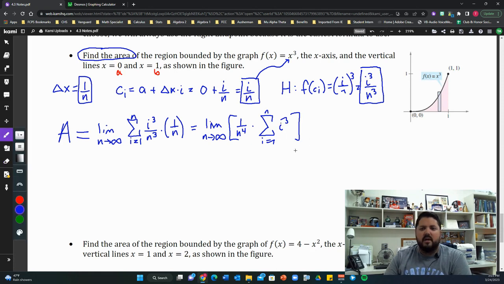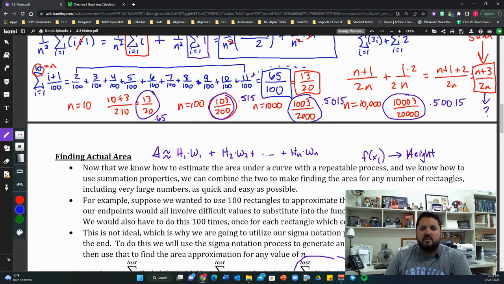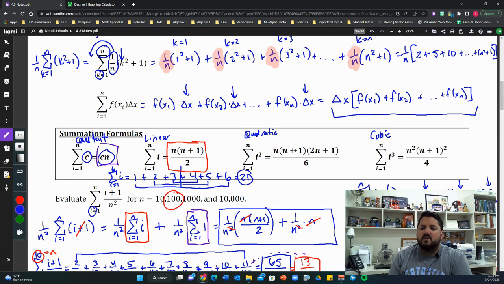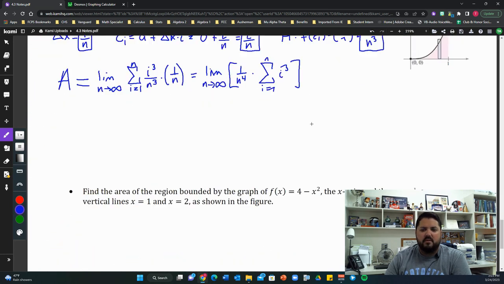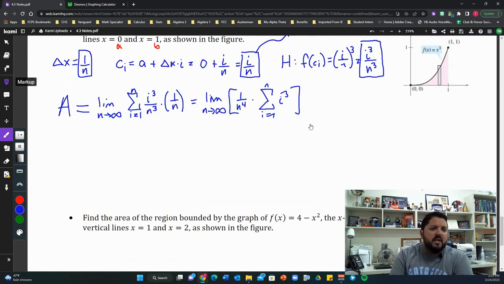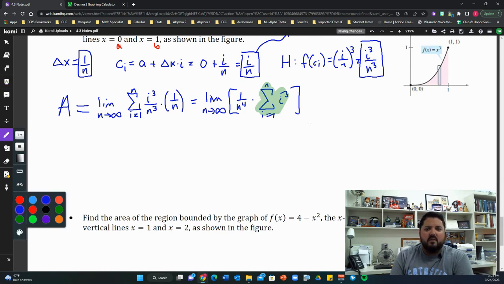So let's go back and show those formulas to you guys again. So this will be the very last one here. So it's n squared times n plus 1 quantity squared all over 4. So that's what that sigma is going to get replaced with. Okay, and again, it's not the whole thing, it is just this part. So the 1 over n to the 4th in front is actually going to stay there. So what we end up with is our area is equal to the limit.